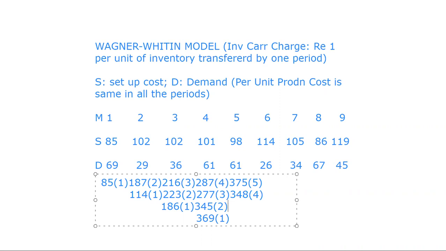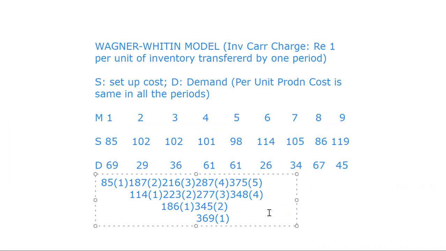Okay. Now I produce in period number 3. What is my total cost? Can somebody else make an attempt? Tell me the components. Total can be told later on. 277 plus 61 into 2. I produce in period number 3.